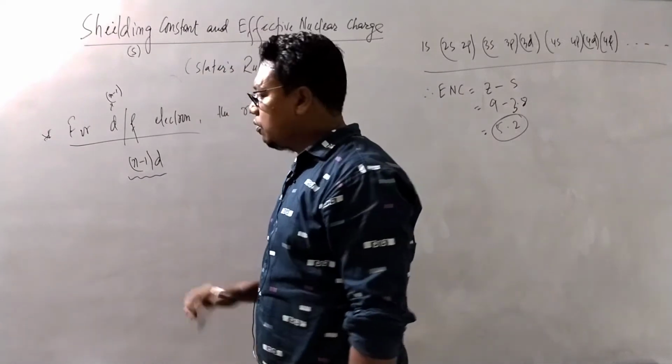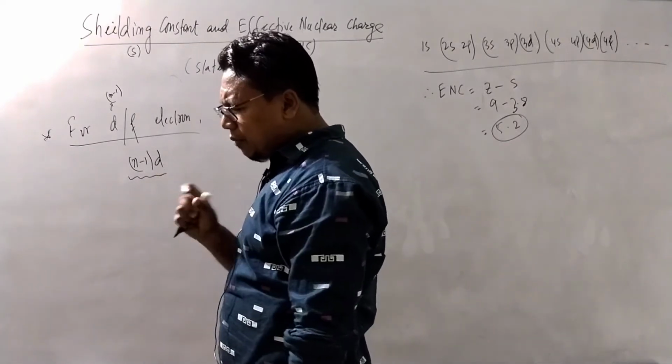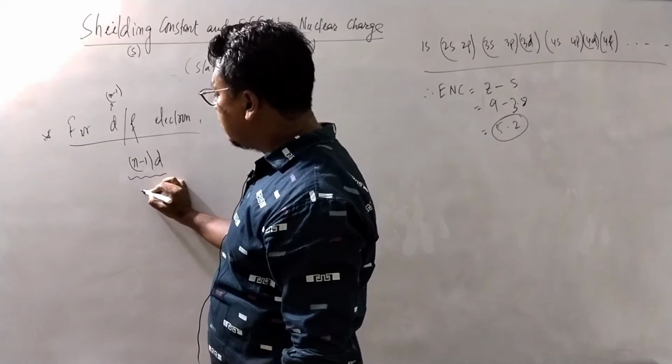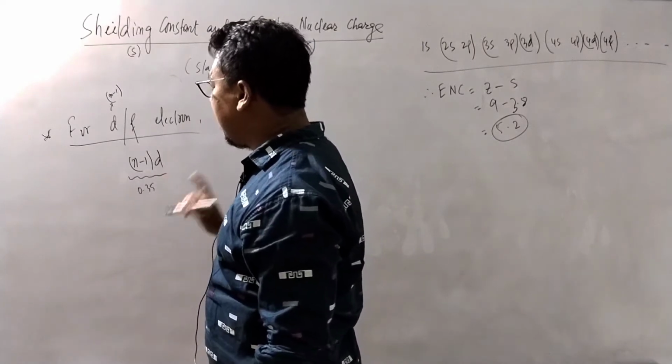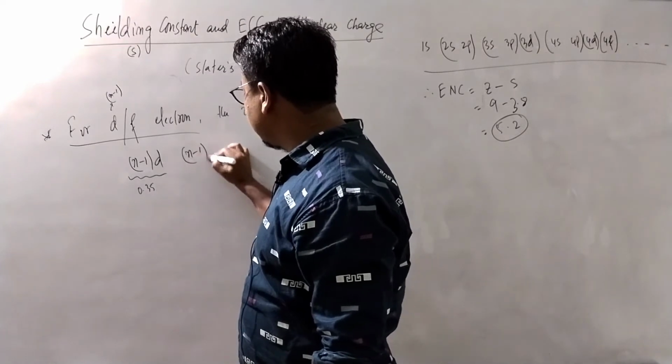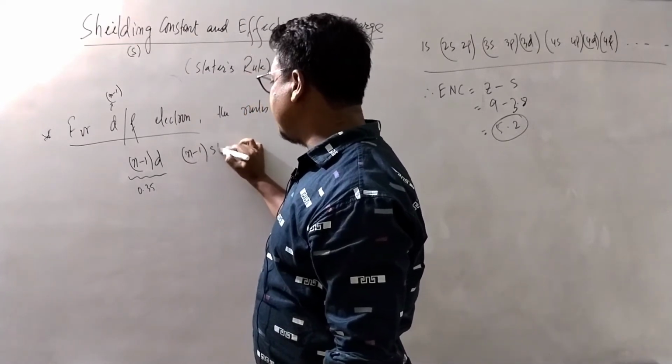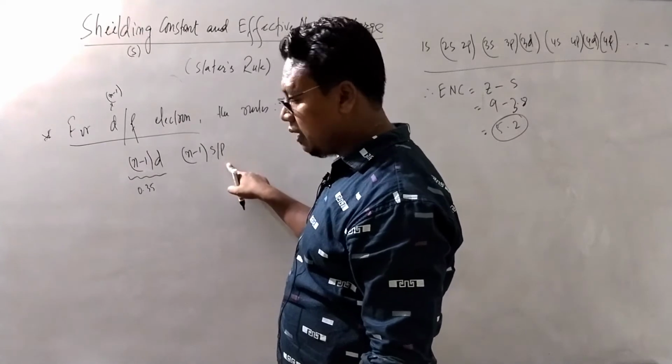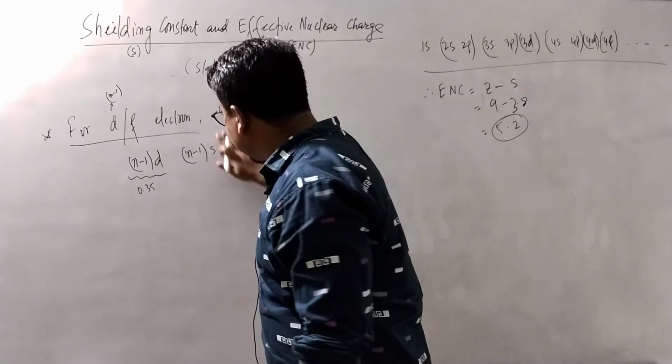for those electrons in n minus 1 d, contribution to the shielding is 0.35, and for those electrons in n minus 1 s and p subshell, okay, let me write separately.